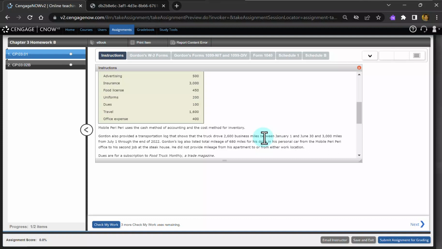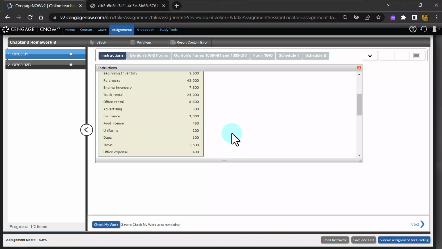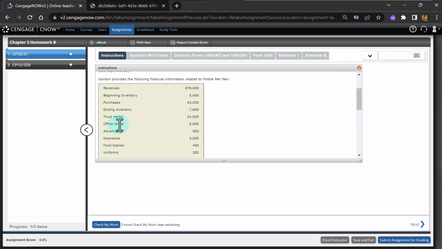One is based upon a percentage of the actual costs, and another is multiplying the business miles that are given here times a rate that is adjusted for the cost of driving.